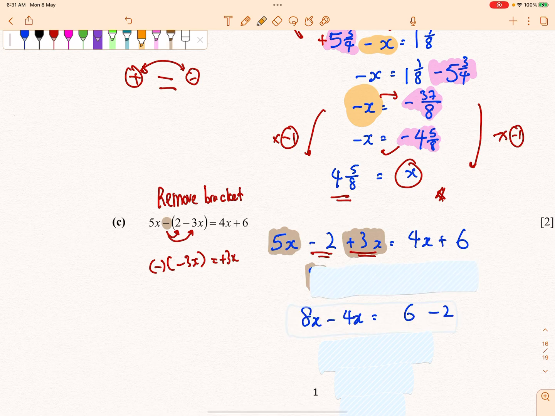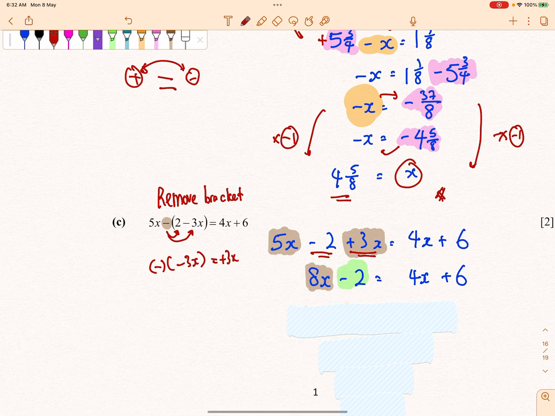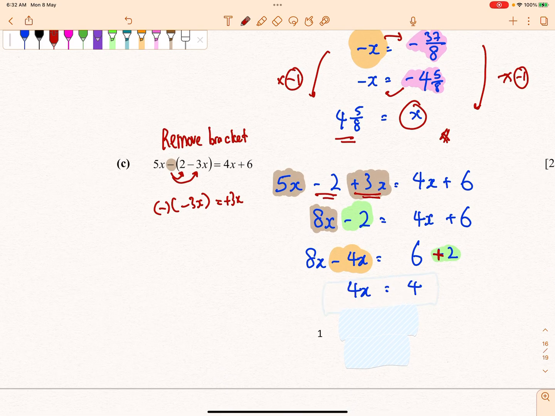4x moved over would be minus 5x, and minus 2 moved over would be plus 2. Oh, I made a mistake here. This should be a plus 2, and I think the answer will be different.